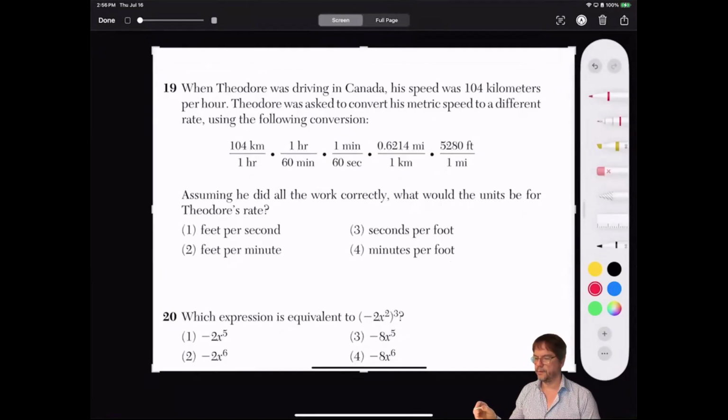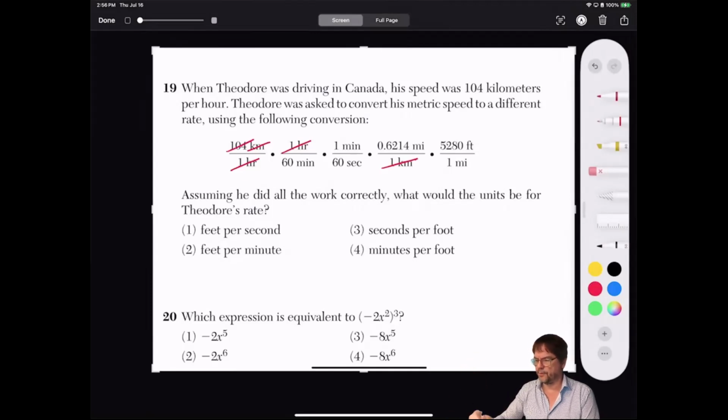Okay. I have 1 hour, 1 hour. I have kilometer, kilometer, but I continue with 104. Well, he wants only the unit, so the value doesn't matter for me.